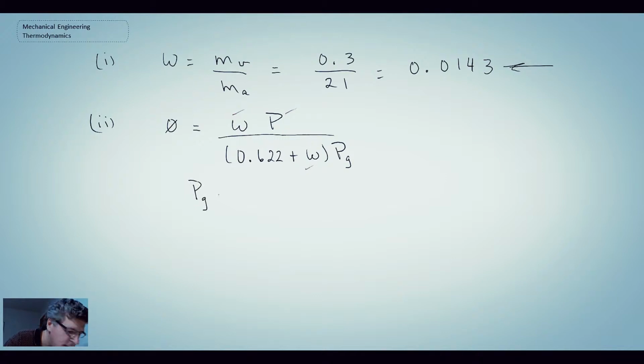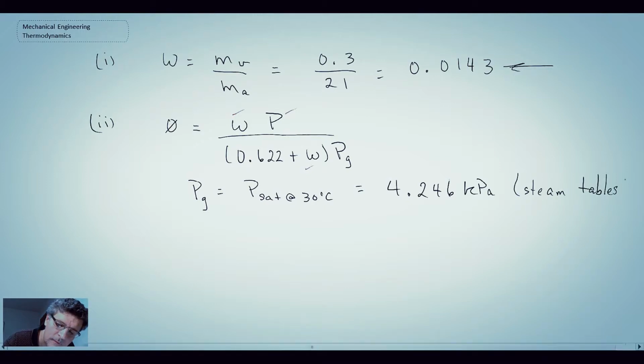So PG is the saturation pressure at the temperature of our condition, which is 30 degrees C. So looking up in the steam tables, that gives us the value of PG.